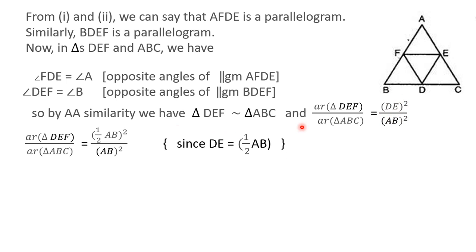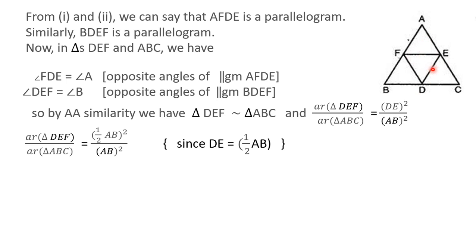Now this side DE, we can write in terms of AB, that is half of AB, as DEAF is a parallelogram.